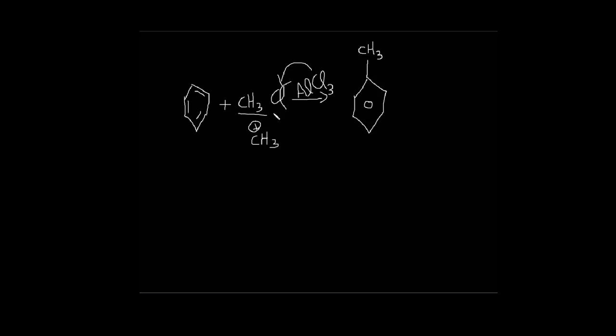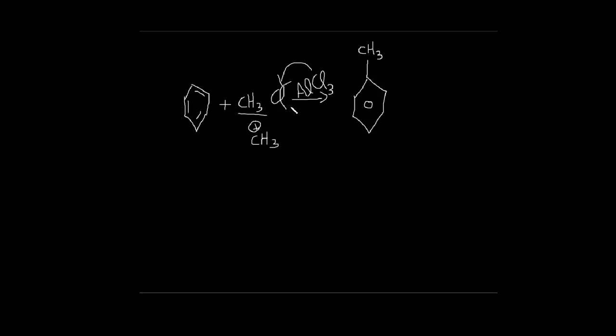Okay, so this is usually the reaction of the Friedel Crafts alkylation, that it just reacts with an RCl with a catalyst. But there are many more variations to reactions, and we're gonna try to explain them.